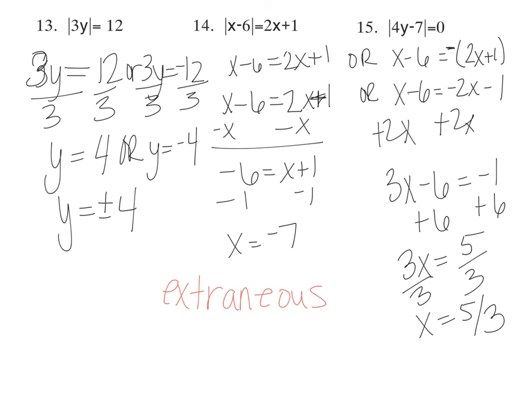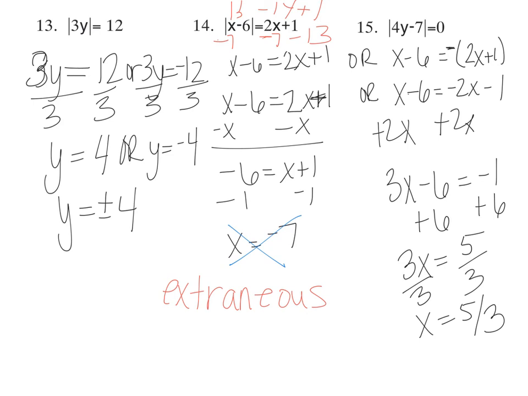So here we have the absolute value, and if I plug in negative 7 here, and negative 7 for the second x, I end up with negative 14 plus 1 on this side, which is negative 13. And the absolute value on this side is going to be a positive 13, so we know this ends up being an extraneous solution. So my only solution is probably that 5/3, but I should check it.